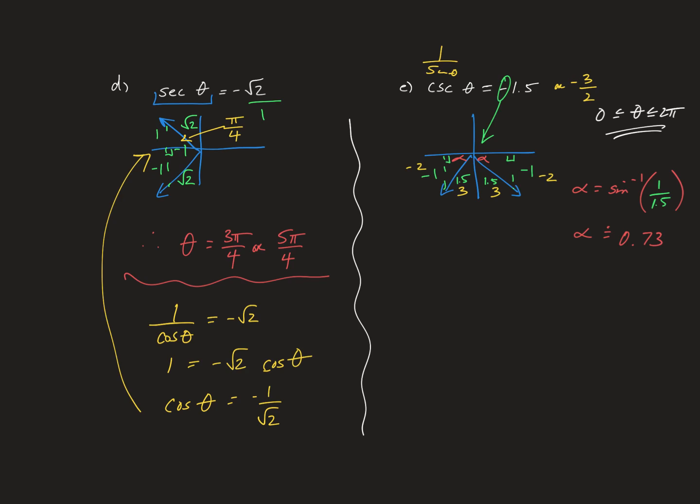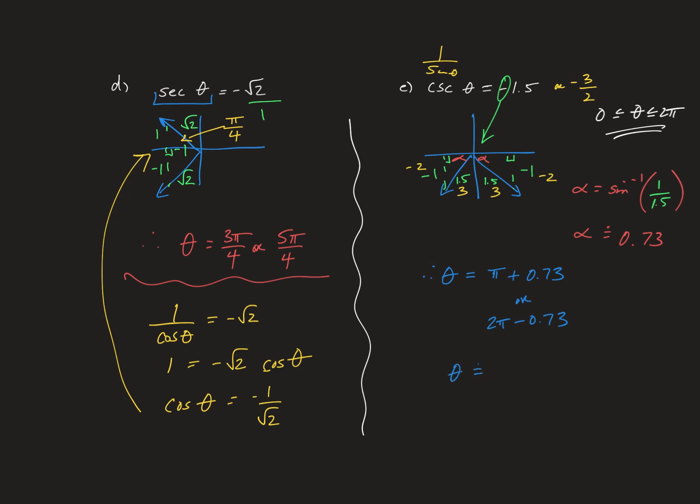Now that we have the related acute angle, we can actually go through and solve for the principal angle. So finally, I'm getting through to solve for theta. I know then that theta is going to be pi plus my related acute angle to put me into the third quadrant, or it's going to be 2 pi minus the related acute angle to put me into the fourth quadrant.